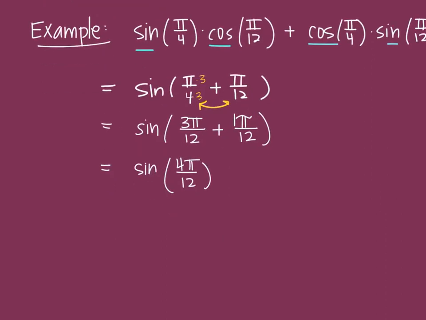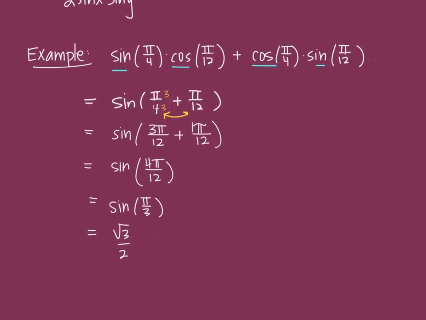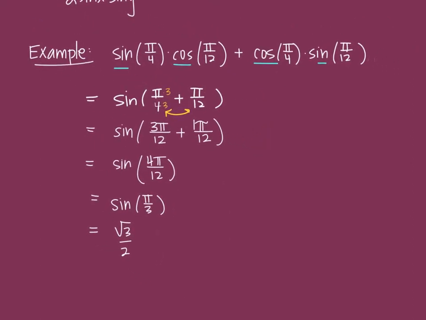Now 4 pi twelfths is reducible. That is the sine of pi thirds. And the sine of pi thirds is a position on our unit circle. And the position of the sine of pi thirds is root 3 over 2. And so the answer to this overall question is root 3 over 2. All from being able to work backwards.